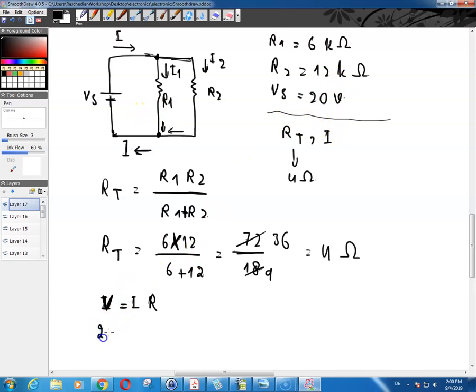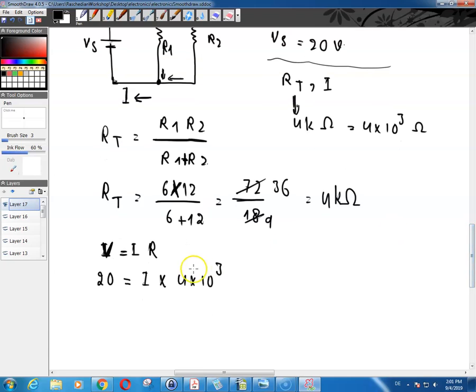So 20 volts is equal to I times, and of course I'm sorry, this is kilo ohm, right? So 4 kilo ohm, which is equal to 4 into 10 raised to the power 3 ohm.